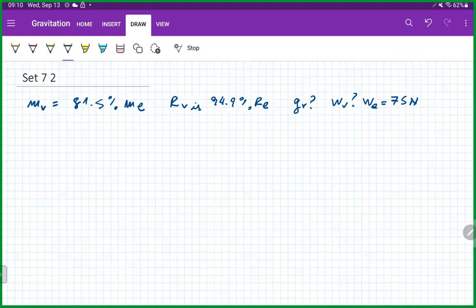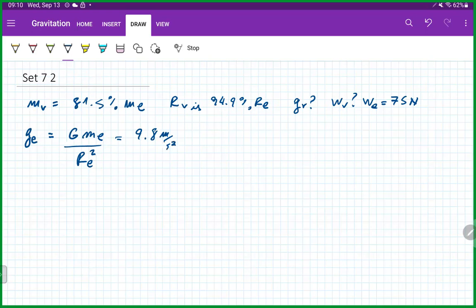So we could get the expression of the acceleration, in this case of the Earth, the gravitational acceleration was G, the mass of the Earth divided by the radius of the Earth squared. And we know that that's 9.8 meters per second squared, right?